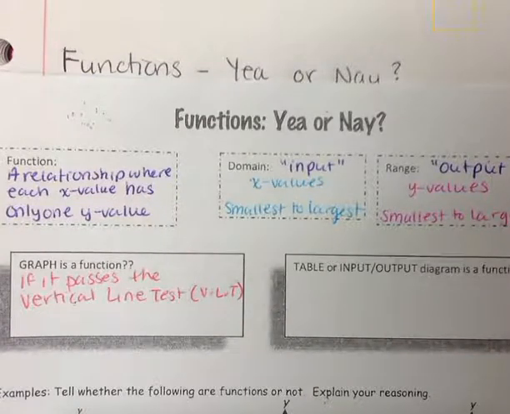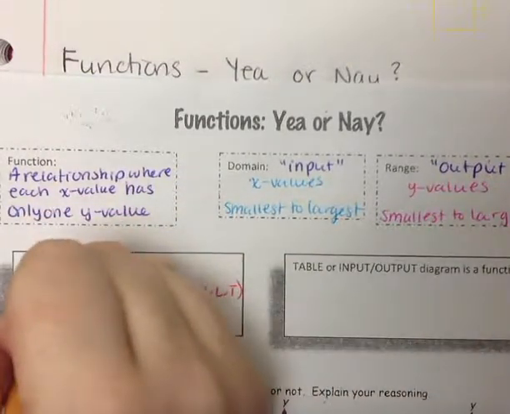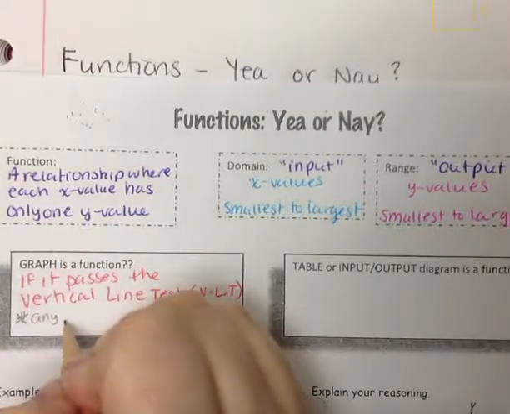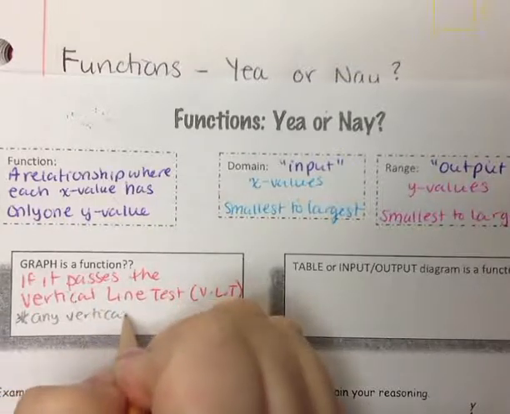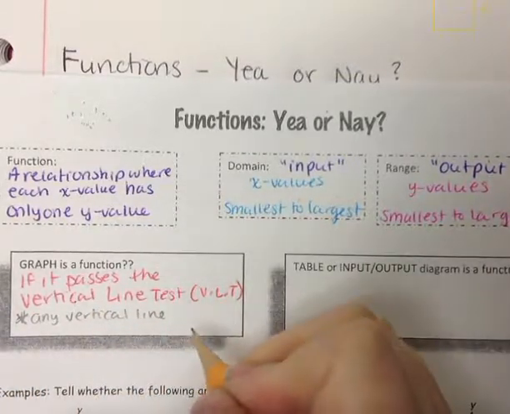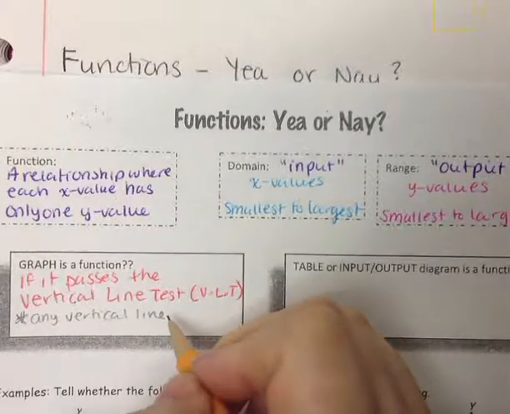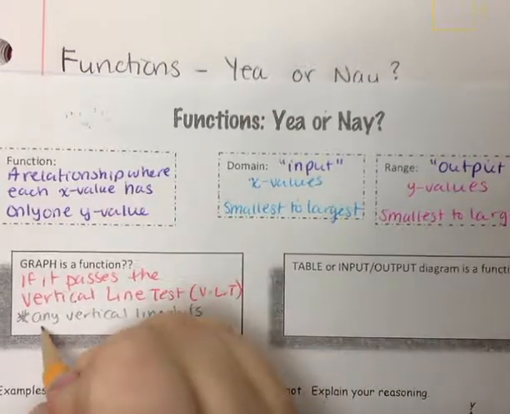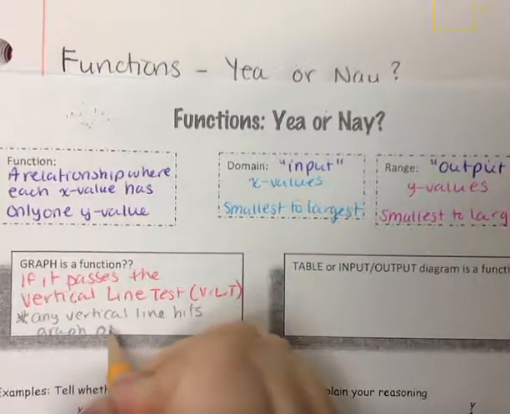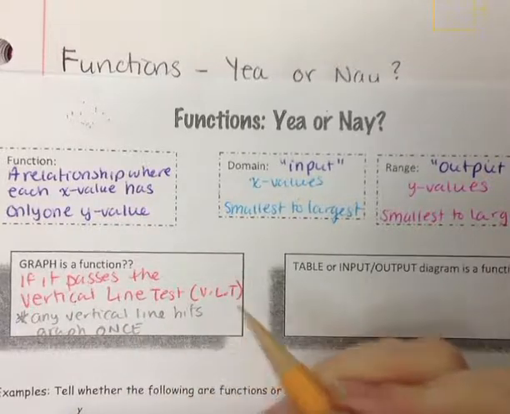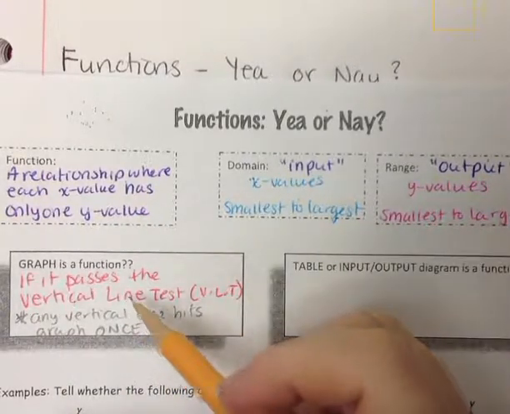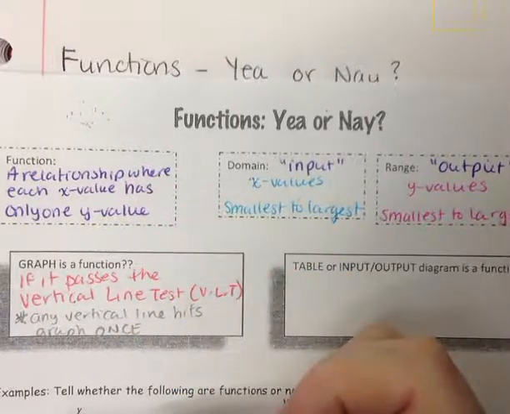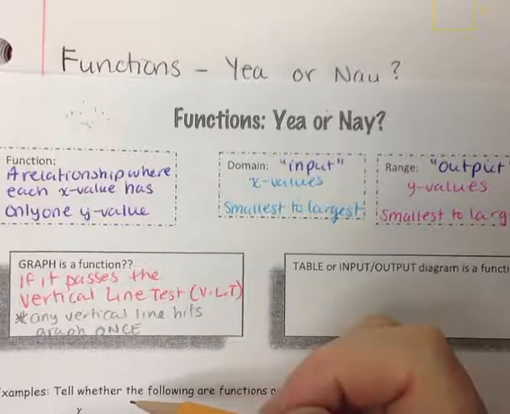What that means is if you draw a vertical line, so I'm going to make a little note down here. Any vertical line, so you can draw 20 vertical lines, it does not matter, but if any vertical line hits the graph more than once on that vertical line, it fails the vertical line test and it is not a function.